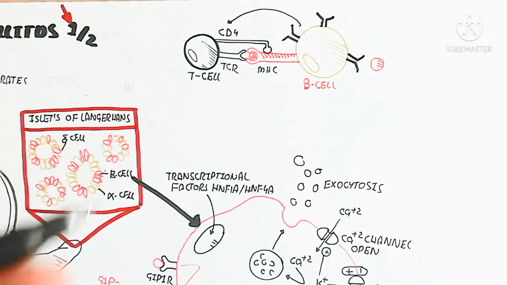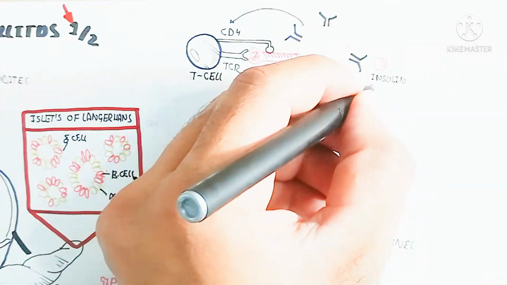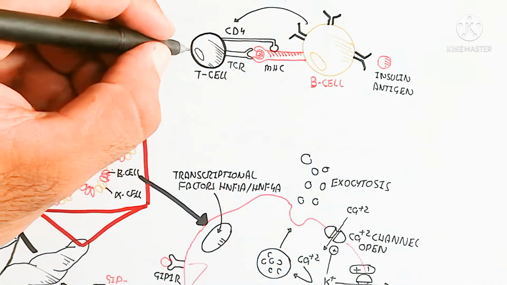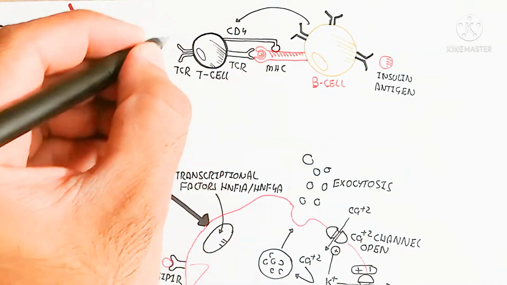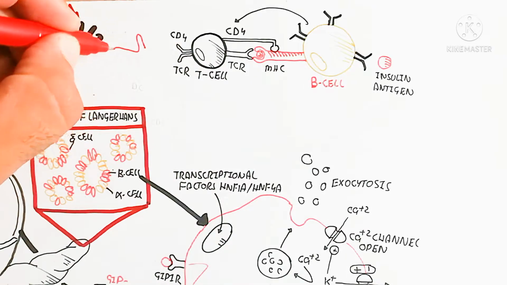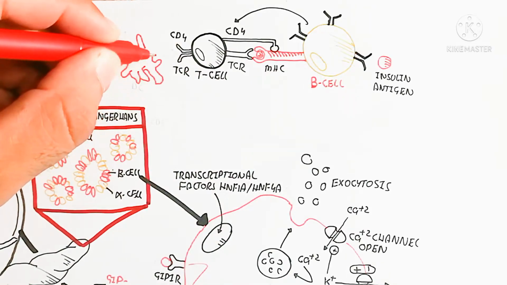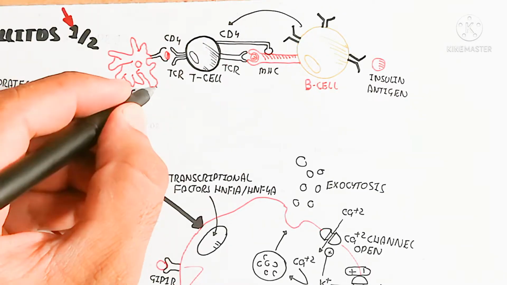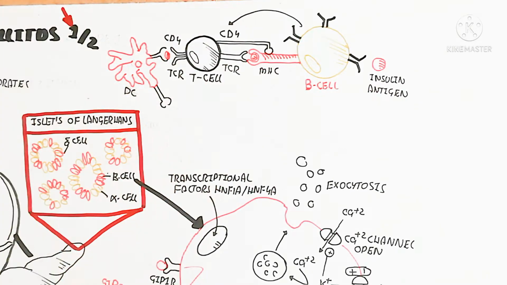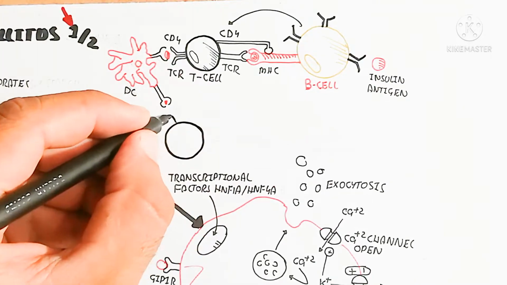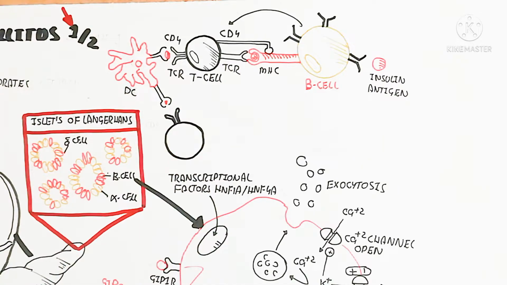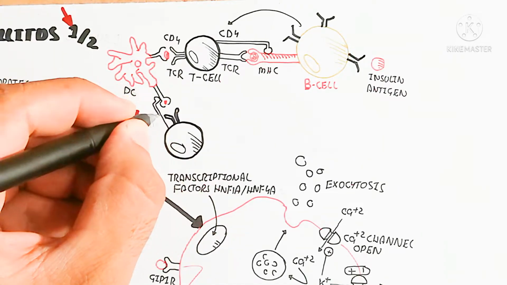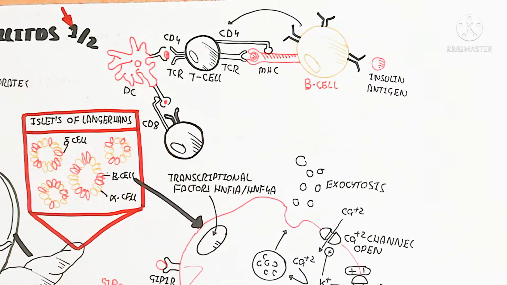So MHC class, basically, this is the molecule and will be recognized by the CD4 receptor of the T cell with the T cell receptor, and in this way the piece of the antigen will be recognized by the dendritic cell with a T cell receptor and CD4, and in this way the dendritic cell and CD8 receptor will be recognized by the T cell containing CD8.